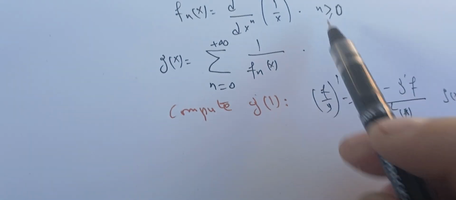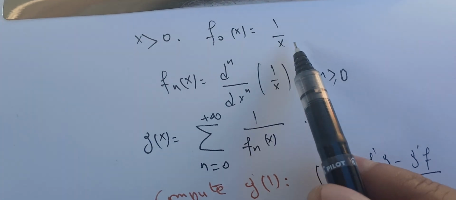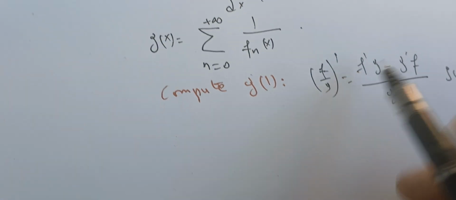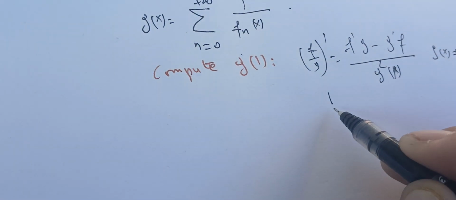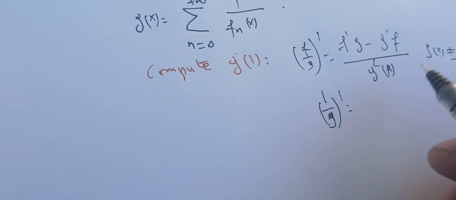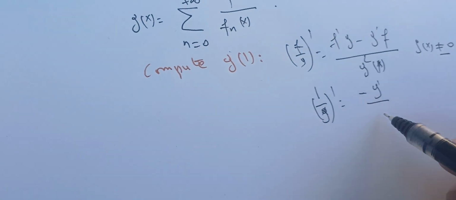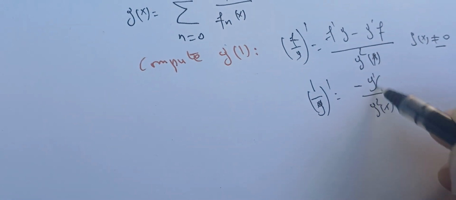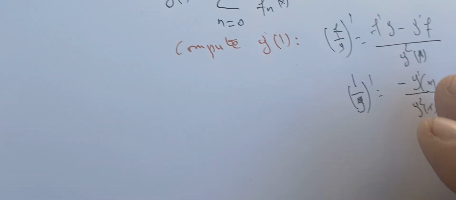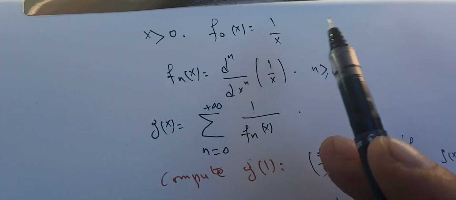Okay, but here, since we have only 1 in the numerator, we're going to treat f in this formula as 1, and therefore we can have the derivative of 1 over g as minus g prime over g squared of x.